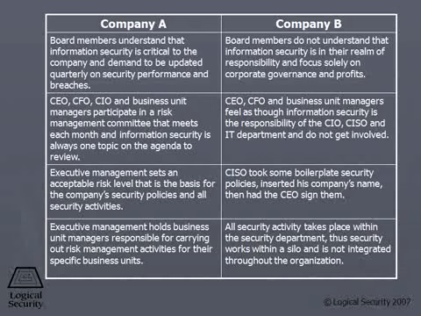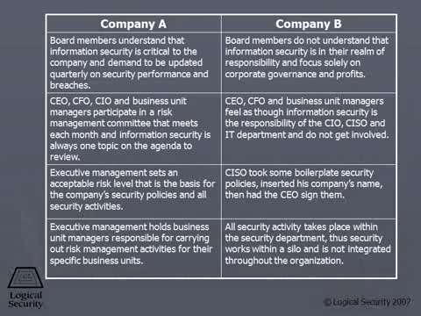Another thing is that in company A, the executives are setting the stage, they're setting the tone for security. Company B, you have a CISO who has all the responsibility and liability, but no support, no funds.